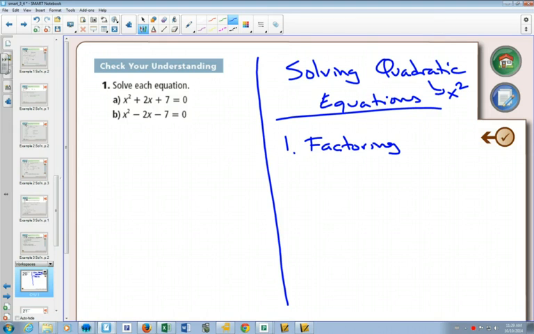The second thing that we learned was sometimes you just have an x squared and you don't have an additional x. Or you have a binomial that's squared, like an x plus 3 squared, but you don't have additional x's. Then you can square root both sides.